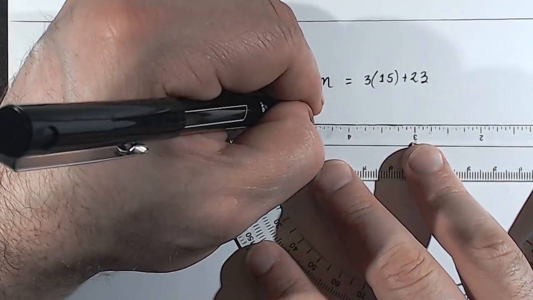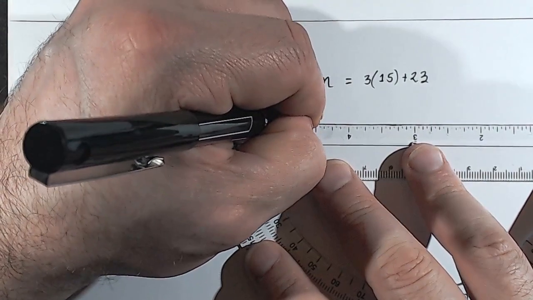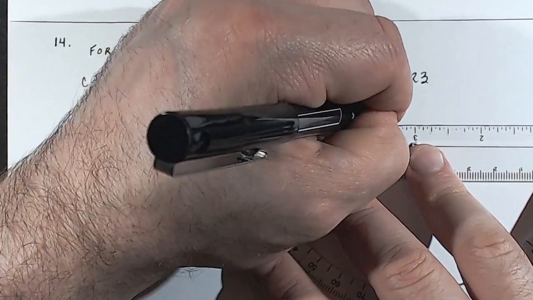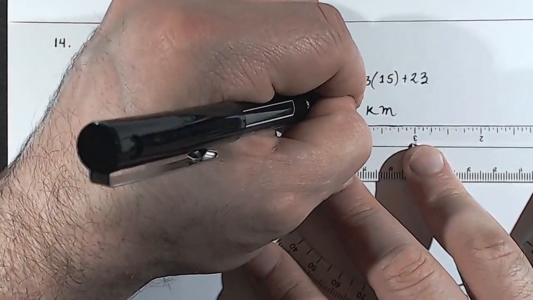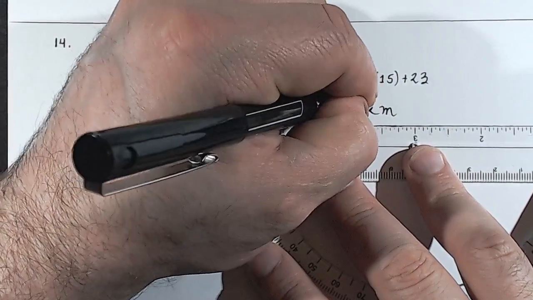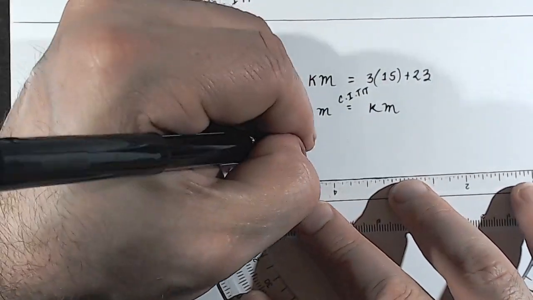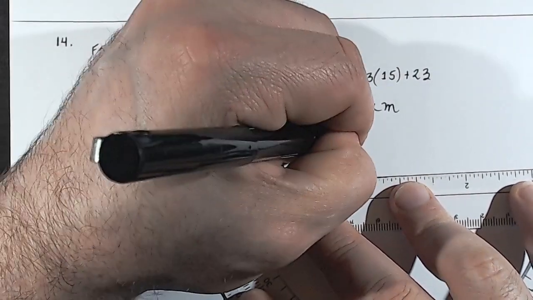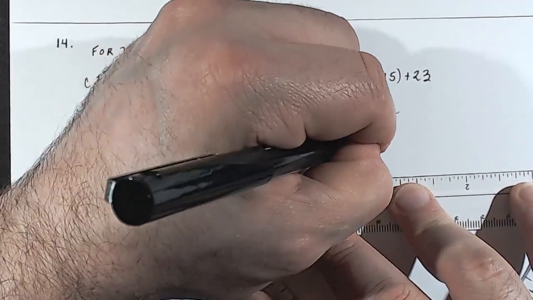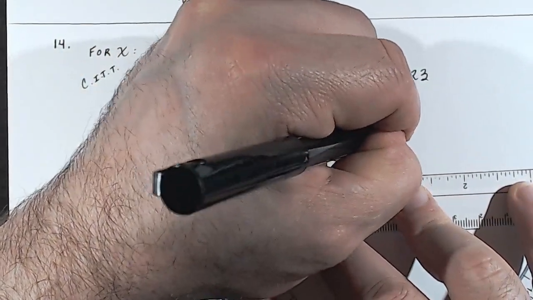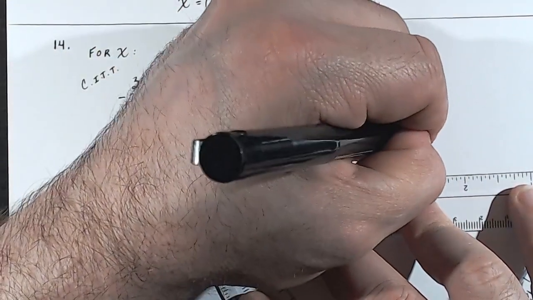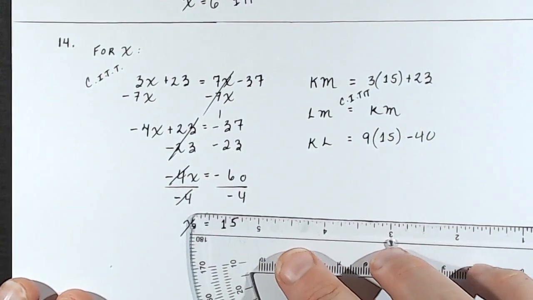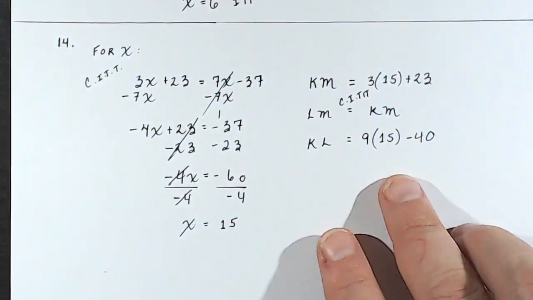We have here side LM equal to KM by the converse of the isosceles triangle theorem. And we have here KL equal to 9 times 15 minus 40. And that was given to us, okay? So we just have to figure it out.